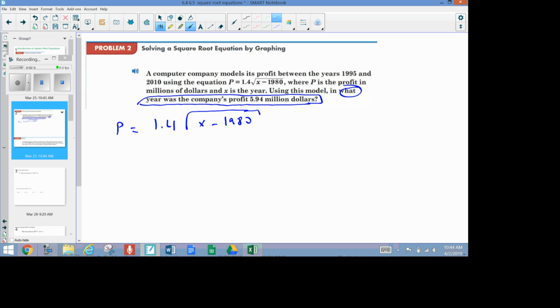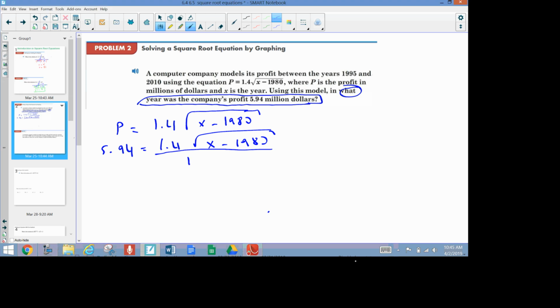Using this, in what year was the company's profit $5.94 million? So what is 5.94? Which letter am I going to substitute that for? P, right? It's profit. 5.94 is equal to 1.4 times the square root of x minus 1980.